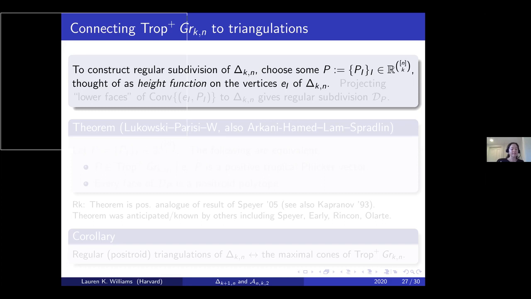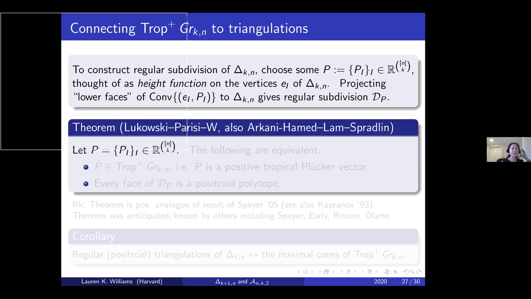I'm going to embed my polytope into a one-dimensional bigger space by lifting up each vertex to a height, which is a real number, p sub I. So this is giving me a bigger polytope now in R to the n plus 1. But now if you project this back down to the hypersimplex by looking at the lower faces of this bigger polytope, this gives a regular subdivision. So this gives a nice decomposition of the hypersimplex into polytopal pieces.